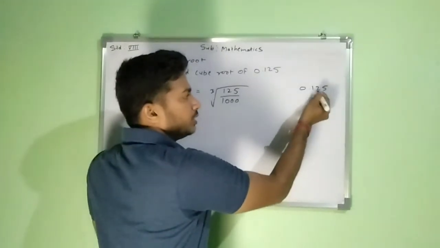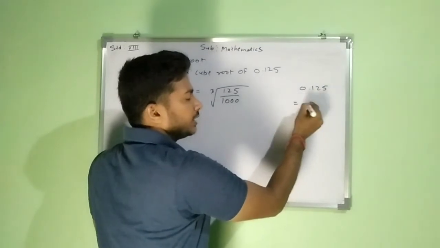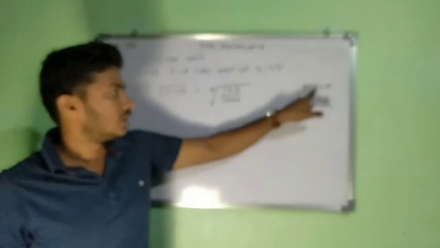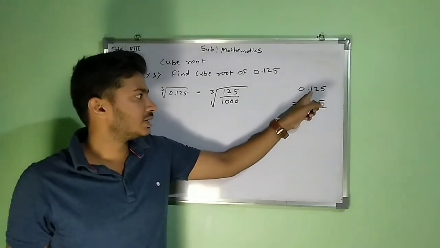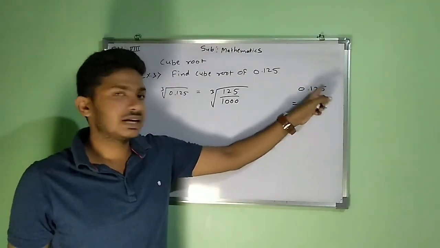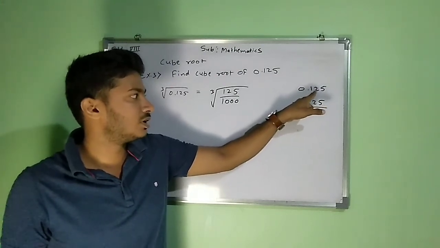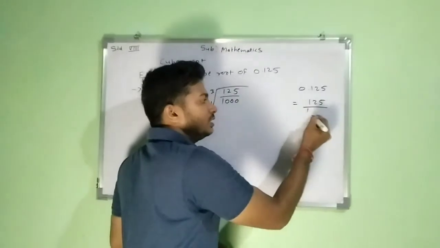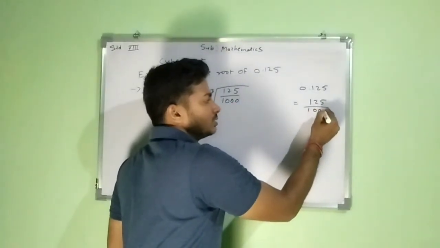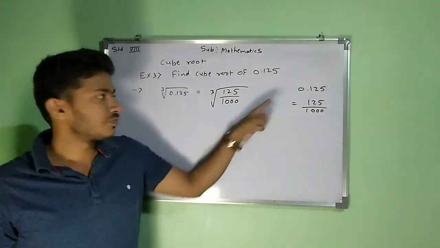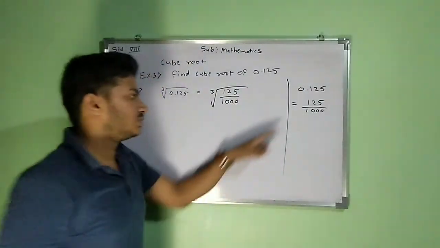So 0.125 I can write as 125 divided by 1 followed by as many zeros as there are digits after the decimal. After the decimal we have 3 digits, 1, 2, 3. So on the 1 we write 3 zeros. This is how that substitution will come.